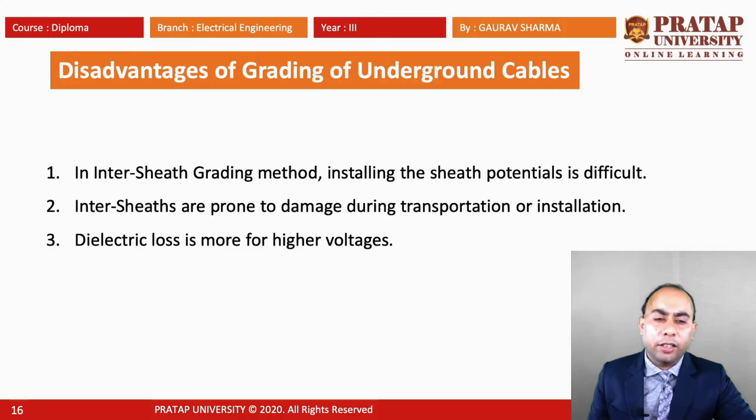Now it certainly has some drawbacks. In the intersheath grading method, maintaining the sheath potential is difficult. Intersheaths are prone to damage during transportation or installation, and the dielectric loss is more for higher voltages. These are the drawbacks of grading.